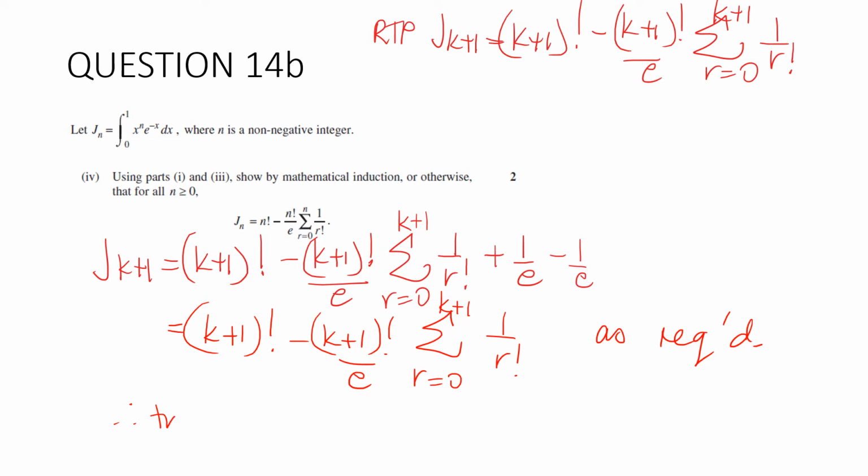Therefore, true for n = k+1, and by the process of mathematical induction, true for all n.